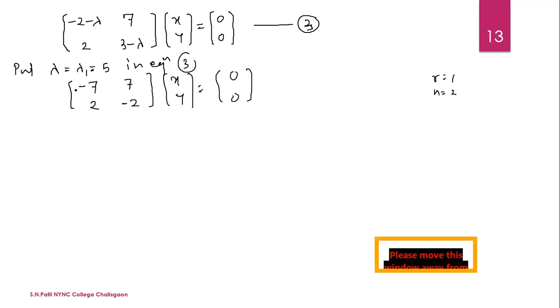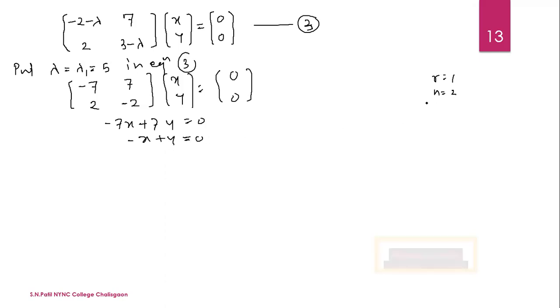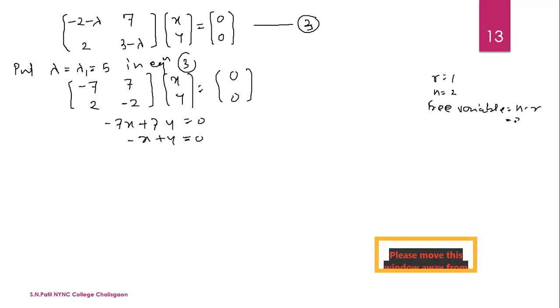In this case, consider only the first equation, that is minus 7x plus 7y is equal to 0. Divide throughout by 7, that is minus x plus y is equal to 0. The number of free variables is n minus r, where n, the number of variables, is 2 and the rank of the matrix is 1, so we get 1.